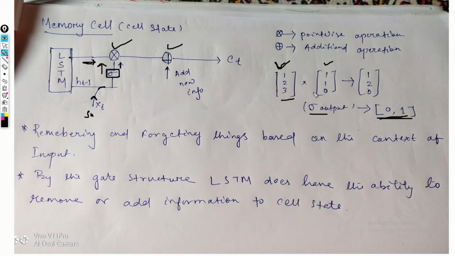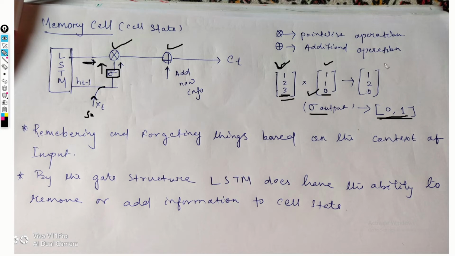Suppose it wants to erase some of the information. Whenever it wants to erase some information, it can provide 0, close to 0. The sigmoid function will give close to 0 as the vector number. So if you multiply, this particular third value will be deleted from the vector, right?